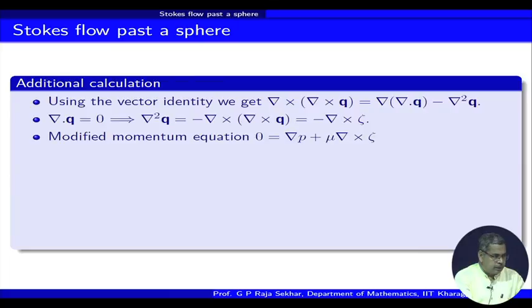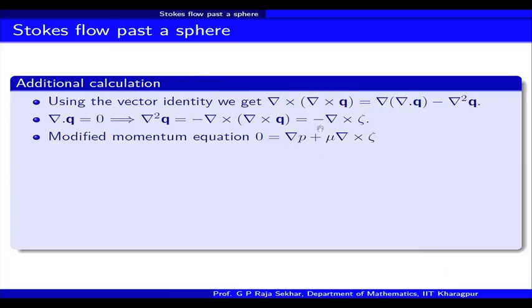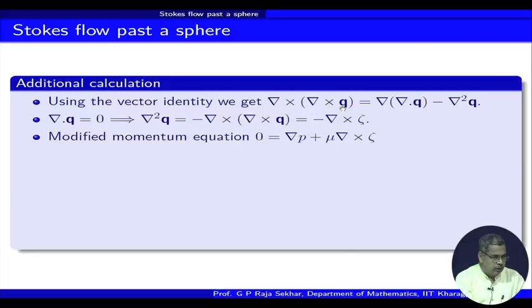The idea is reducing the Stokes equations in terms of vector notation. This is a vector identity: curl curl q equals grad divergence q minus del squared q, but for the Stokes equation we have divergence q is 0. Therefore, from these two, since this is 0, del squared q is the negative of this, and this is the vorticity vector.